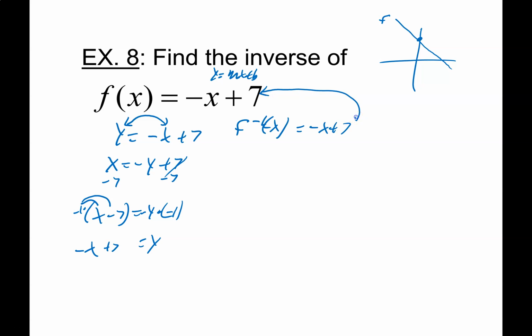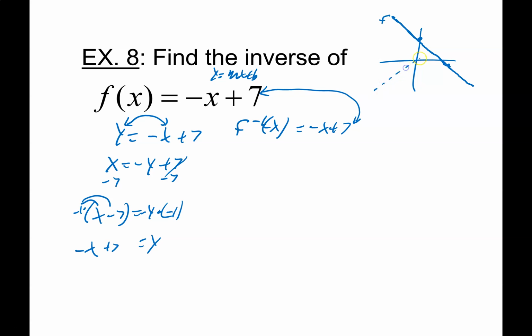7. Whoa, dude, that's like creepy. It's the same thing. So the function and the inverse are the same thing? Is that even a thing? Can that be? Well, let's look at the original graph of f.